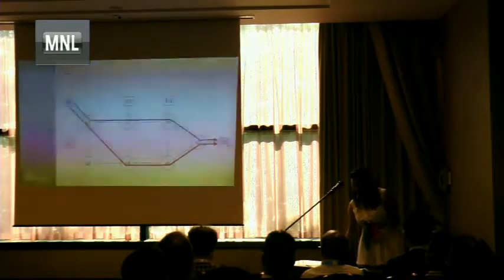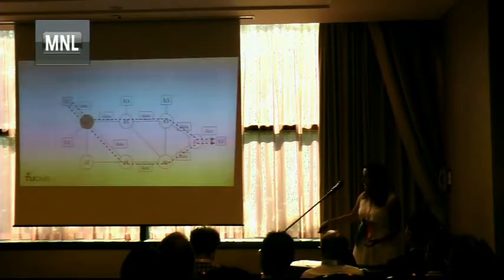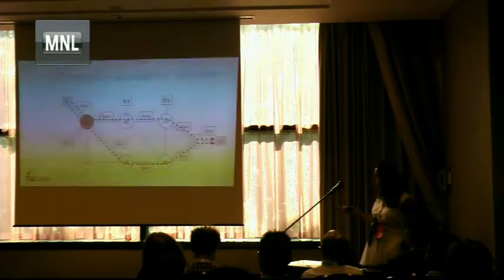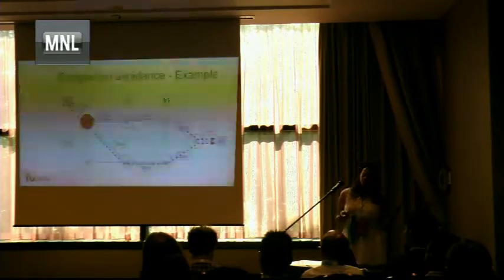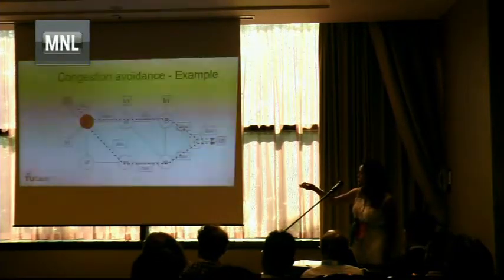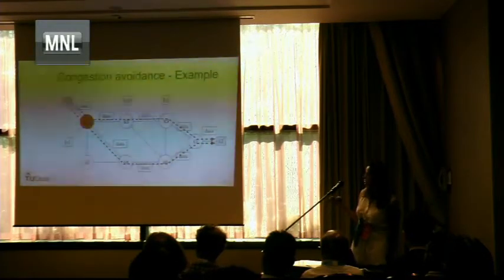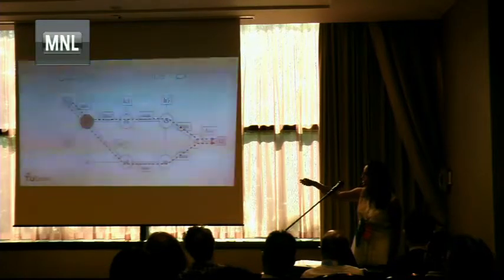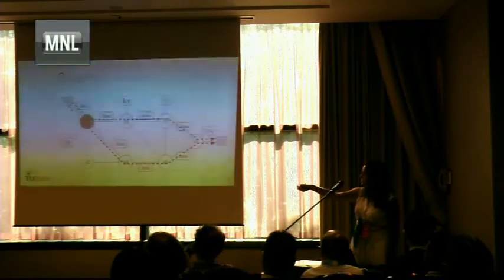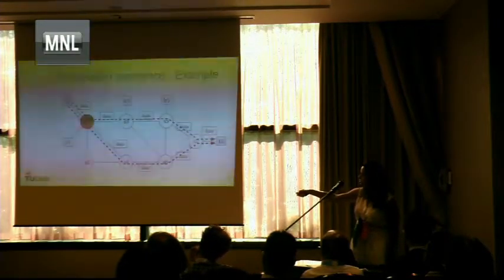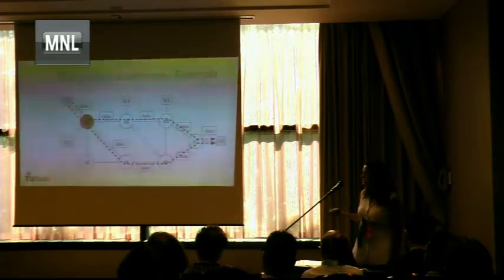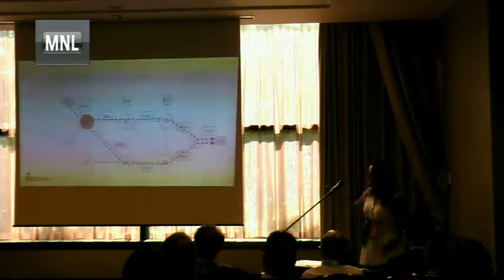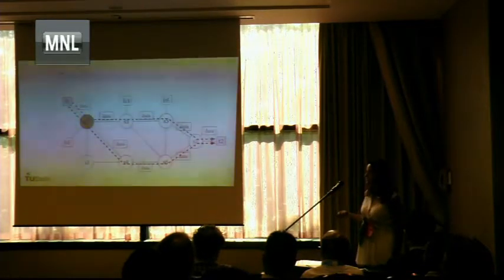So we are going to show this in an example. For example, if the blue path is the primary path and the red one is the backup path, and now switch 1 detects the congestion, when the values exceed the thresholds, it will know that the better path goes through switch S4, and the only thing it needs to do is change the output port for that traffic flow to point to S4.